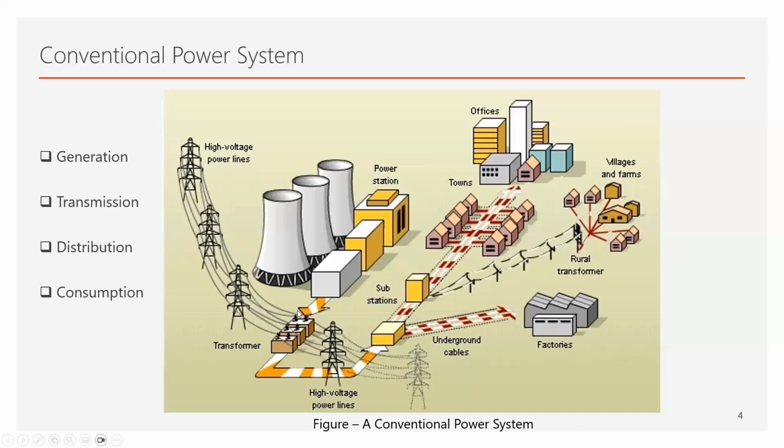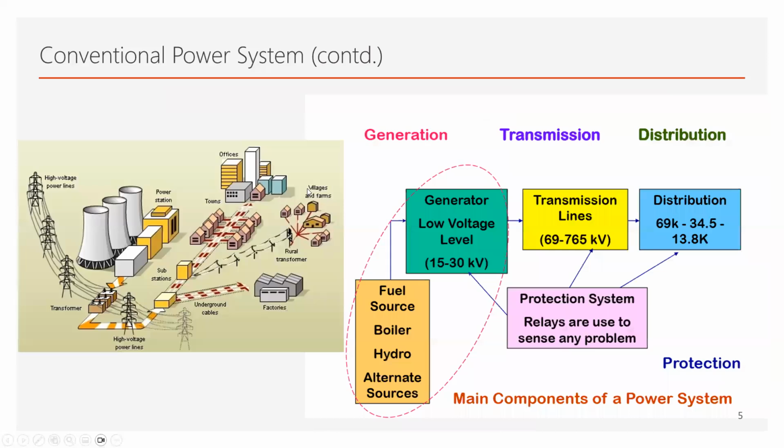And the final step, which is consumption, happens by these loads: factory loads, residential loads, rural loads, and commercial loads. So as I've told you, we have 4 different sections, but we'll focus right now on generation, transmission, and distribution.